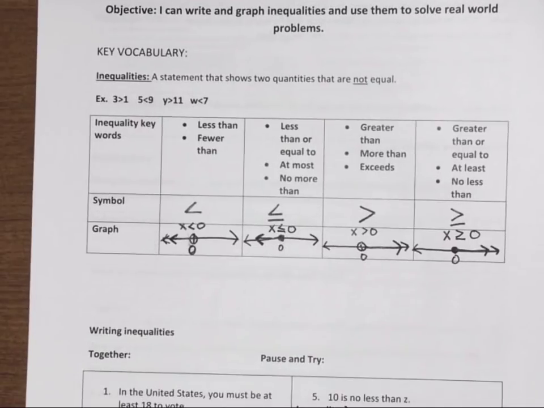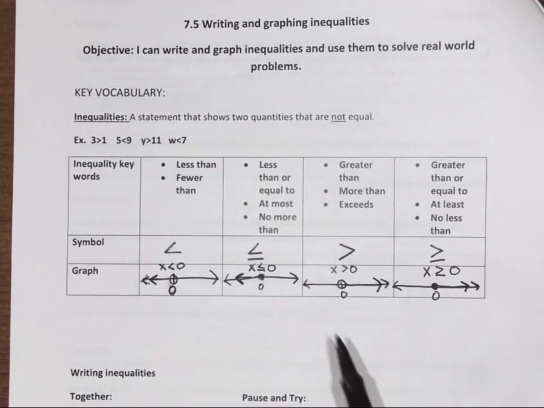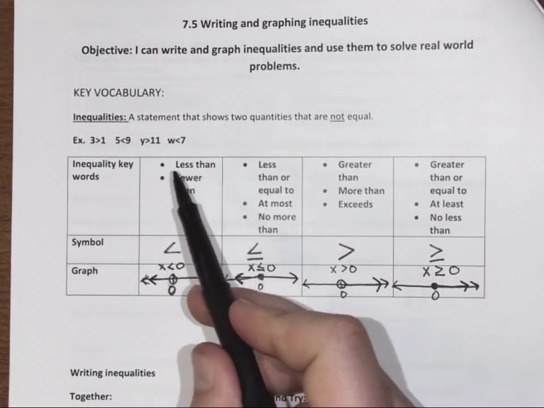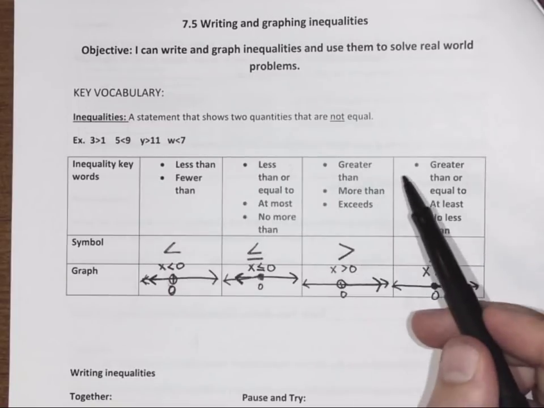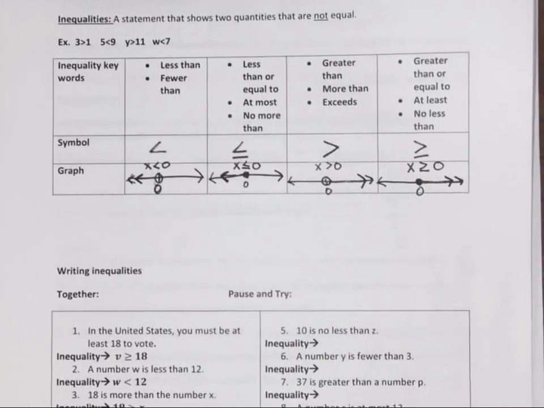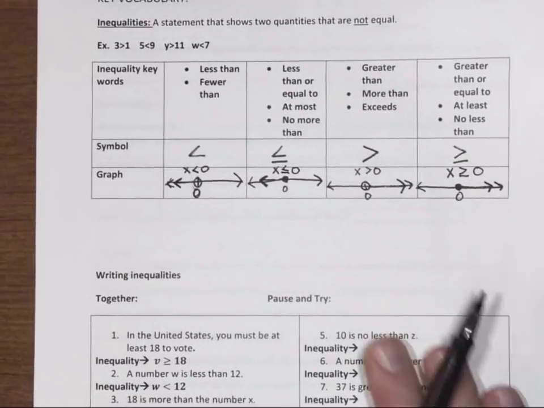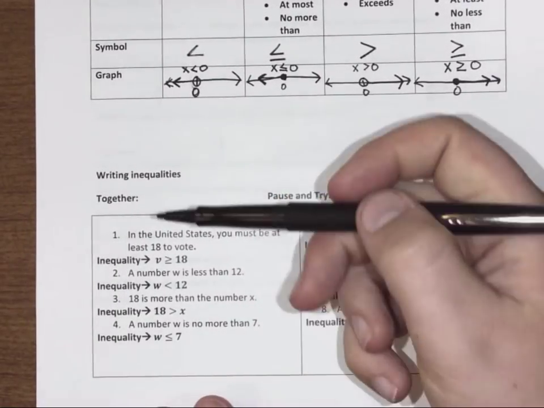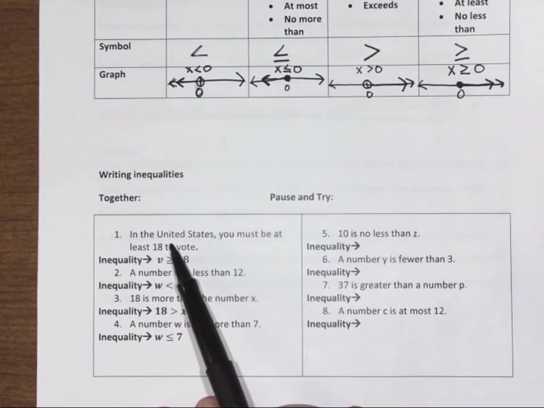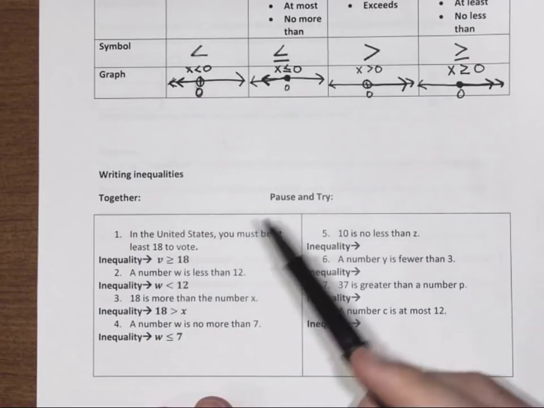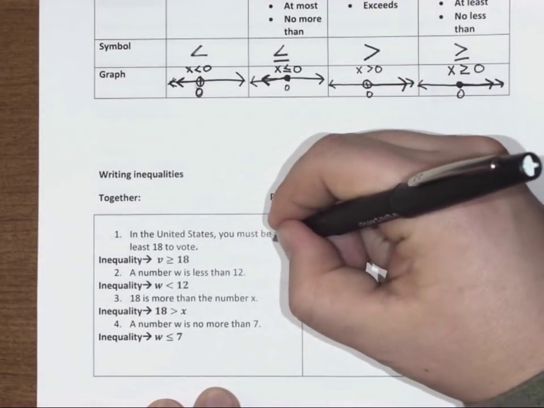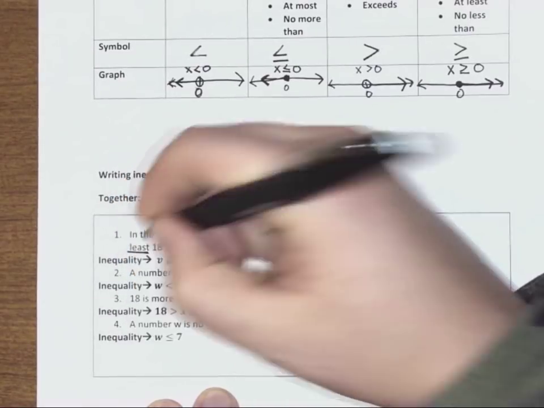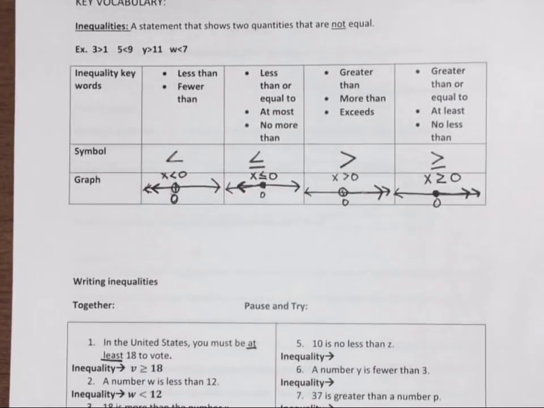If I wanted to write inequalities, I am going to be paying attention for these keywords or indicators when I write an inequality. So let's try some together. Okay, on our together side, in the United States, you must be at least 18 to vote. So here's my phrase, at least. Where do I find that? Up above.